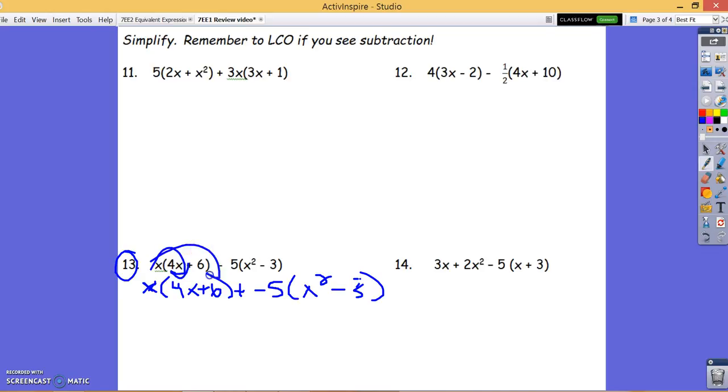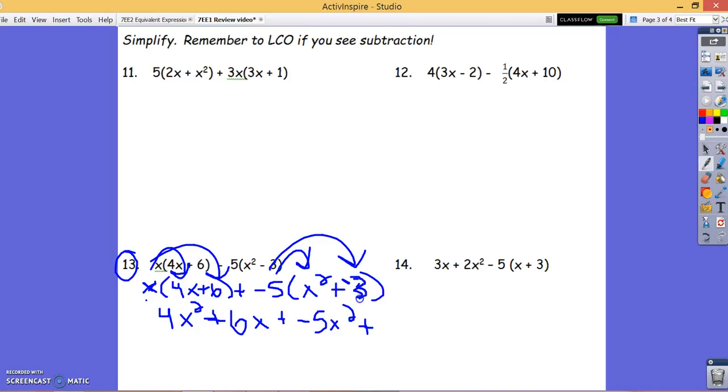So I'm going to go ahead and distribute. x times 4x is 4x squared, plus x times 6 is 6x, plus, now I'm going to distribute the negative 5. Negative 5 times x squared is negative 5x squared. And I need to make this plus a negative as well, so negative 5 times negative 3 is positive 15.